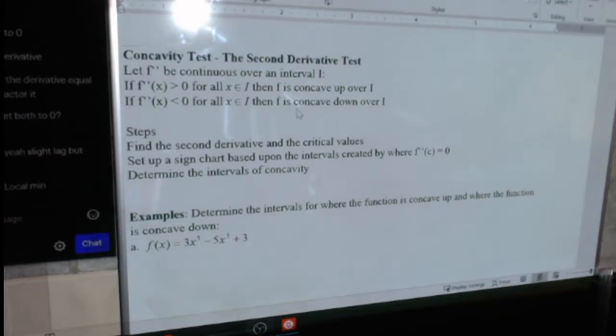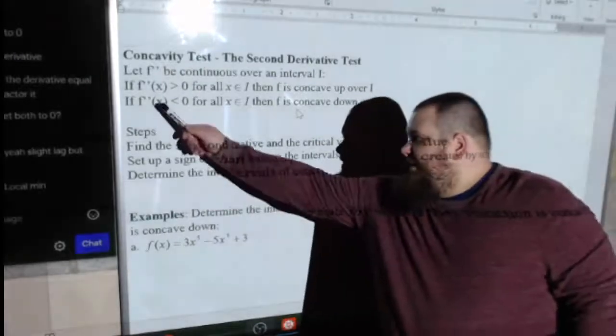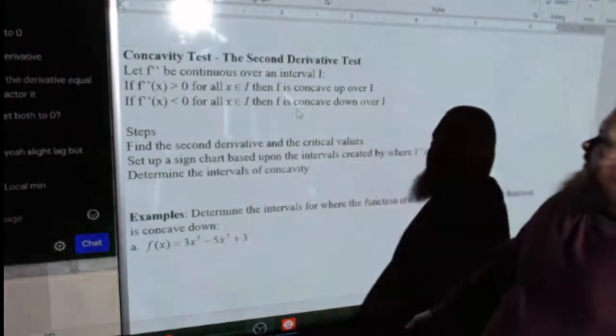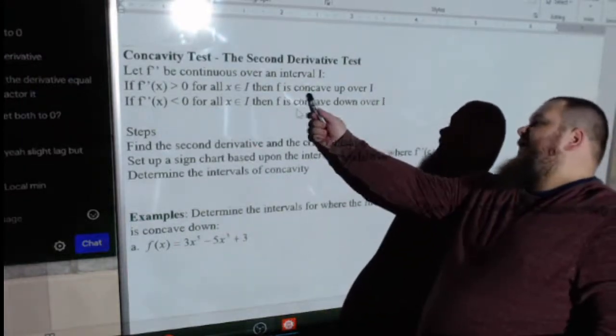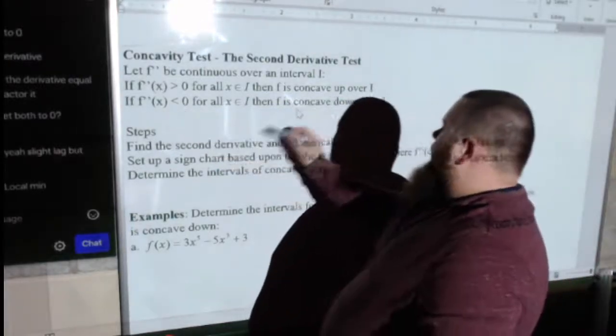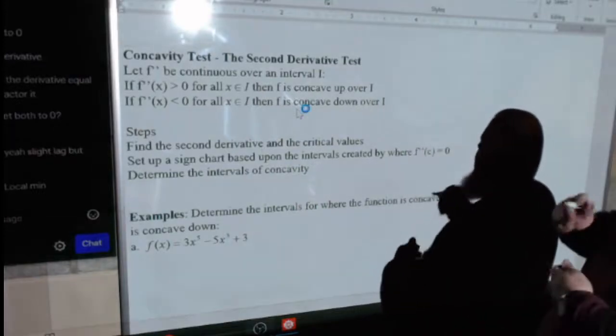And this requires that we look at the second derivative, or double prime, and it's the same thing. We're looking for the double prime to be greater than 0, but instead of increasing, it tells us concave up. And if the second derivative is negative or less than 0, we're looking for something that's concave down. So what does concave mean?